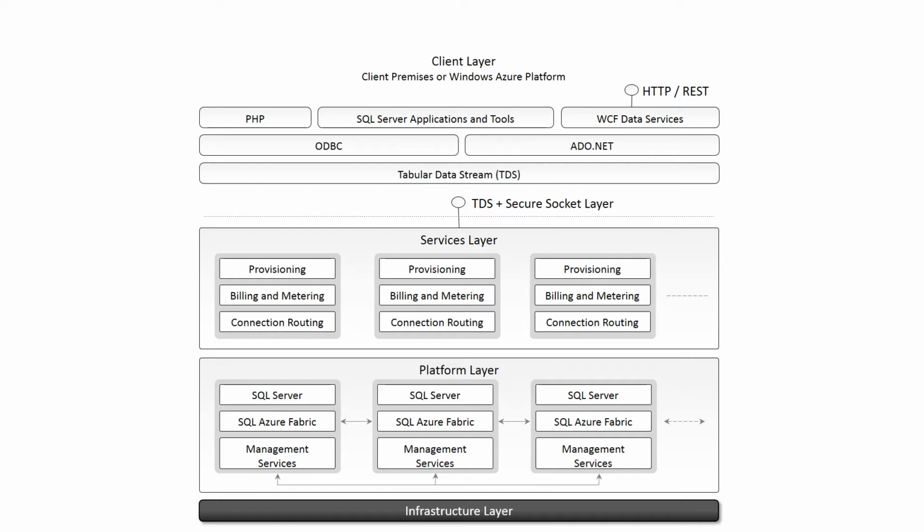It is connected to the service layer using the tabular data stream and secure socket layer. Services layer consists of provisioning, billing and metering of the services, and connection routing.